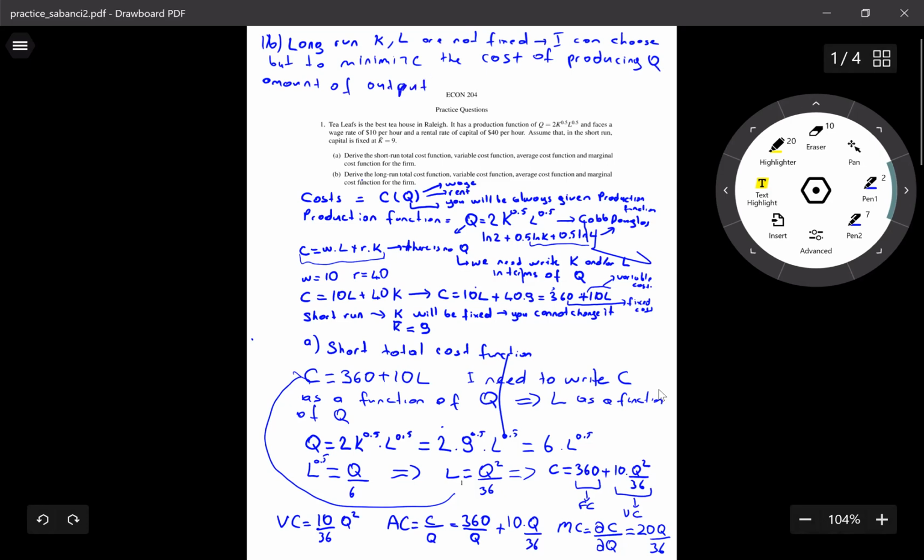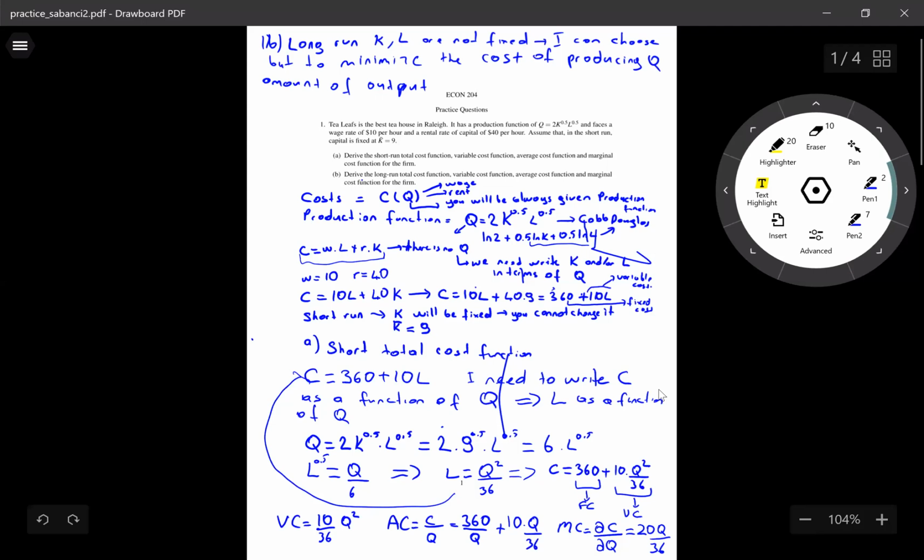Here Q can be anything. If you say, please produce 10 units of output, I would like to find the amount of K and L to produce 10 units of output with the minimum cost.